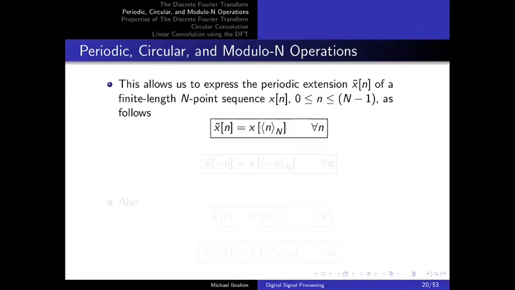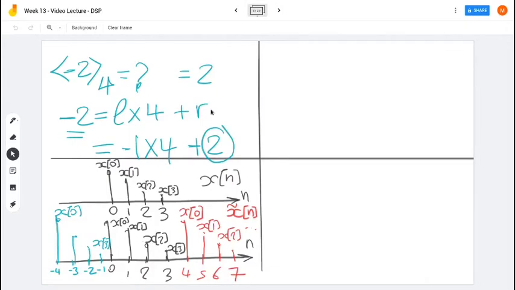In order to understand this equation, let's move to our whiteboard over here, and let's say we have a signal x of n, which is defined from 0 up to 3. So we have N capital equal to 4, and we only have 4 samples, x of 0, x of 1, x of 2, and x of 3.